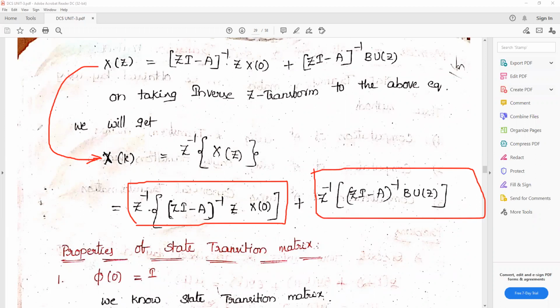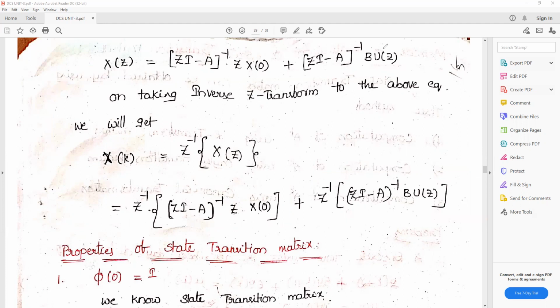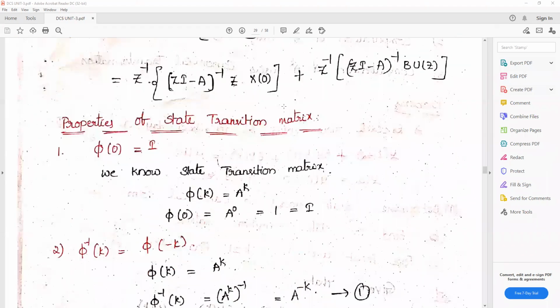Okay, so this is the inverse z transform on the equation.